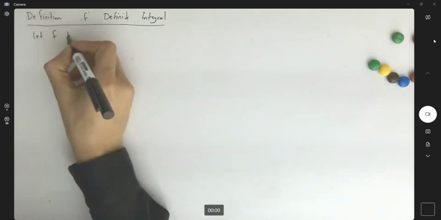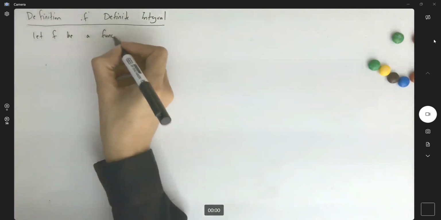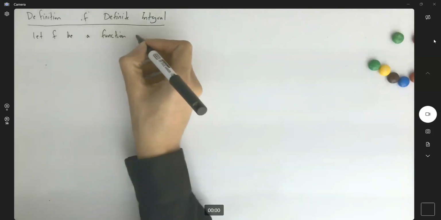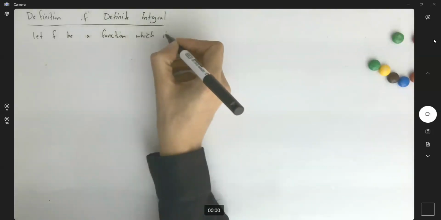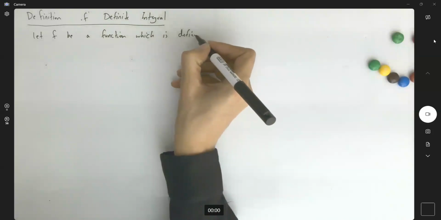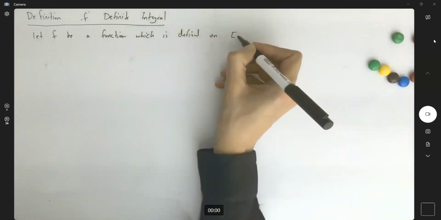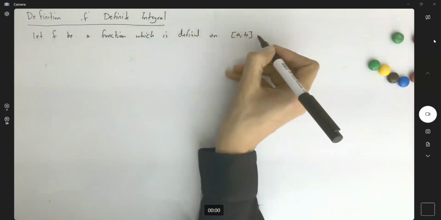Let f be a function which is defined on a closed interval a to b.